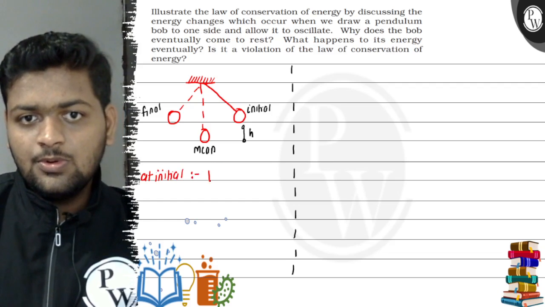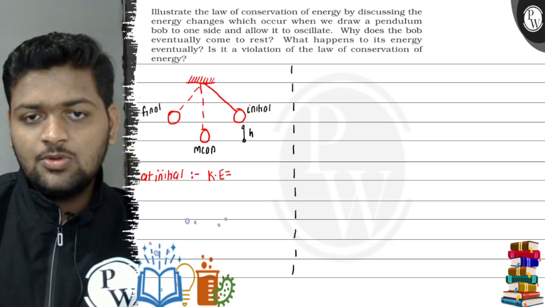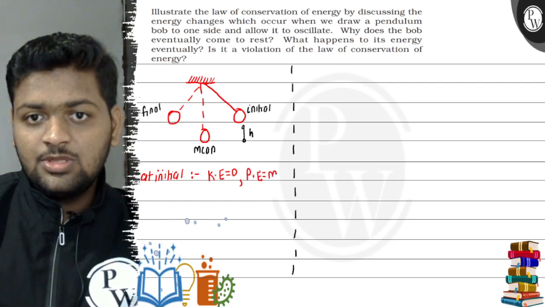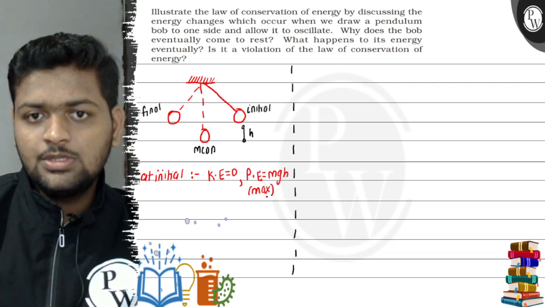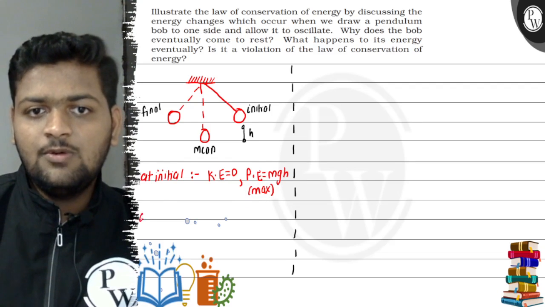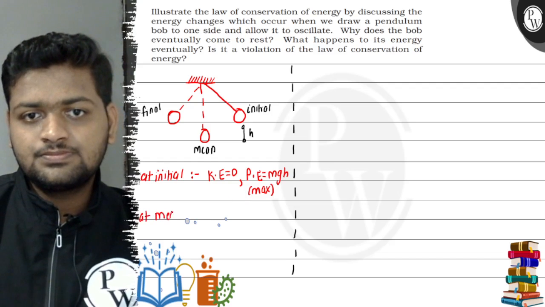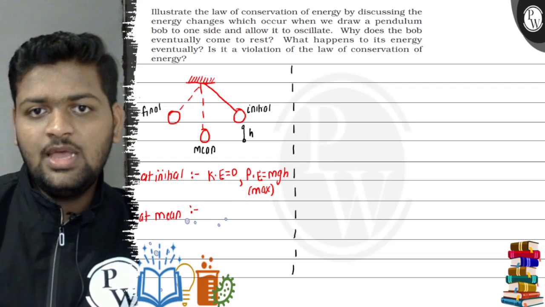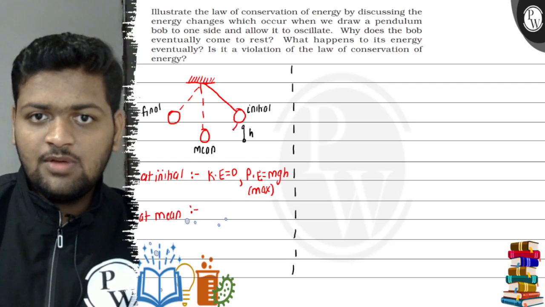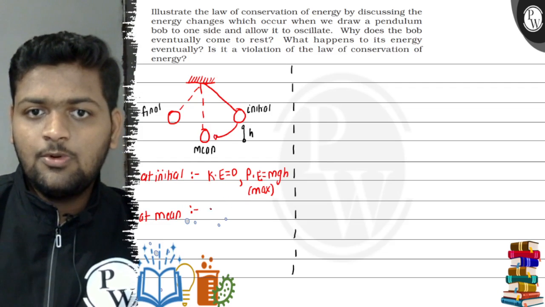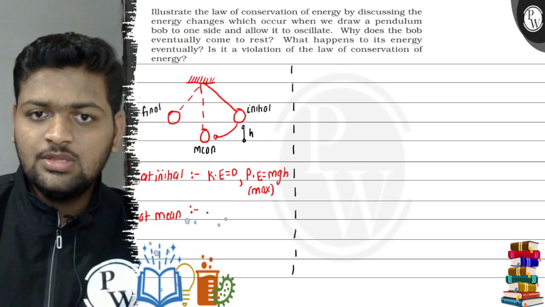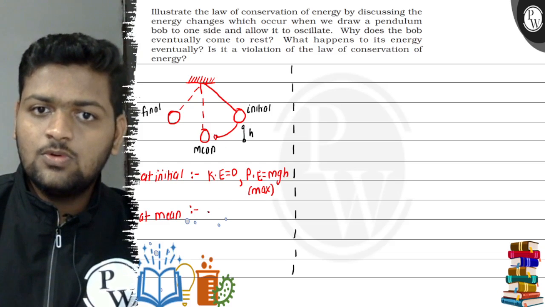There is no kinetic energy. Kinetic energy is zero because the bob is at rest, and potential energy is present, mgh, which is maximum. There is only potential energy. Now at the mean position, as the bob travels from the initial position to the mean position, potential energy goes on decreasing and kinetic energy goes on increasing.